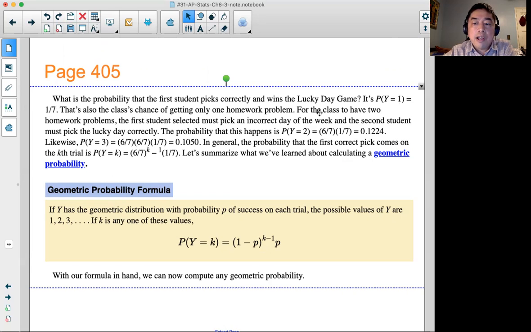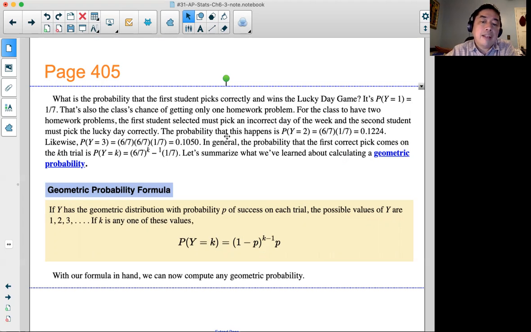Okay. For the class to have 2 homework problems, the first student selected must pick an incorrect day of the week, and the second student must pick the lucky day correctly.